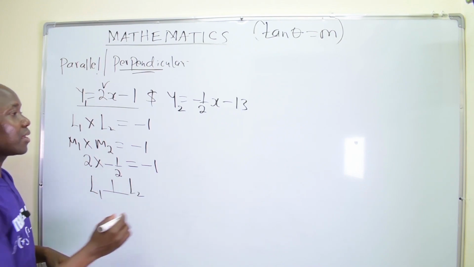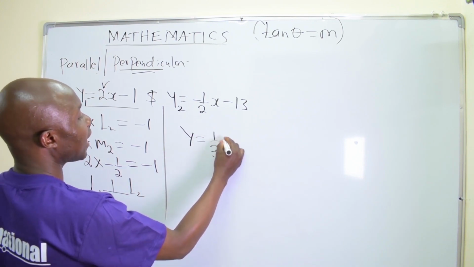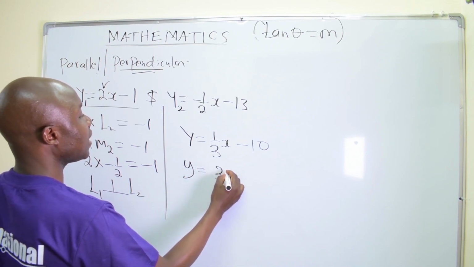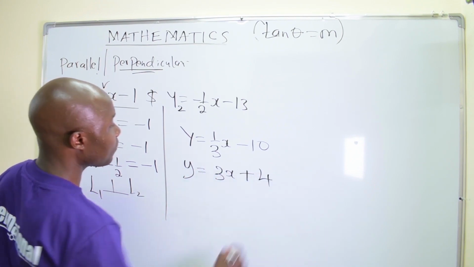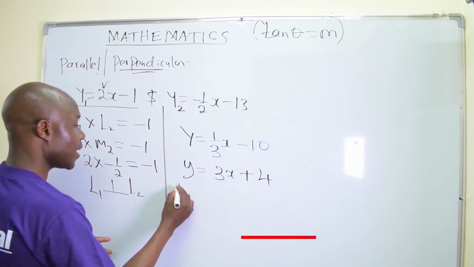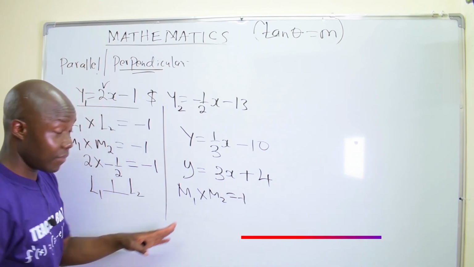That's very important. Another one, maybe somebody gives you y is a third x minus 10, then y is maybe 3x plus 4. If you go back to the definition, whenever the product of the two gradients gives you negative 1, then they are perpendicular.